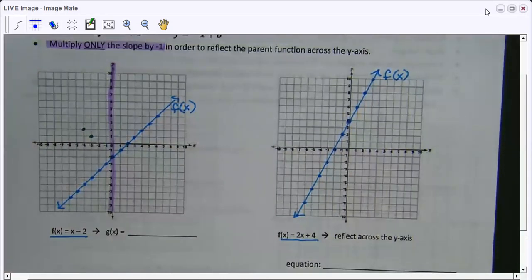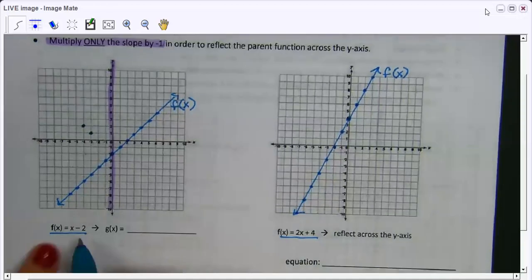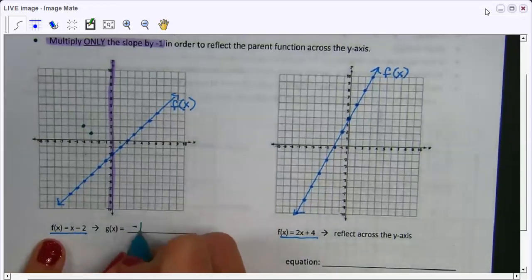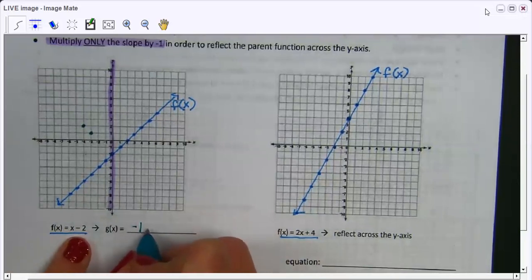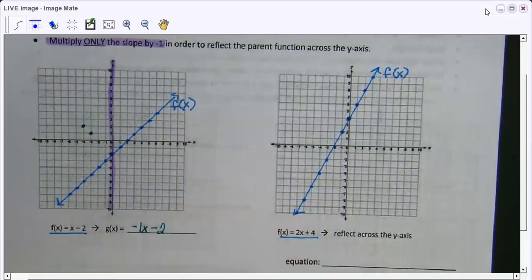To me, I don't like doing it that way. I like following the multiplication rule of just multiplying your slope by a negative. So my slope is positive 1. When I multiply my slope by a negative 1, I get negative 1. And I leave my y-intercept the same. So negative 1x minus 2. And to me, it's easier to graph that than to count the points and all that.